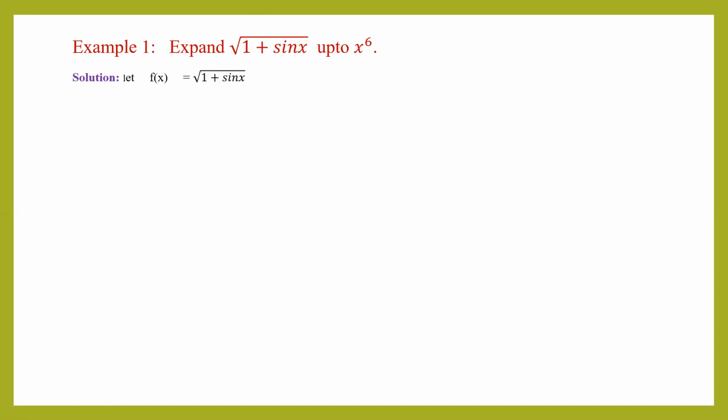Now just imagine, if we have to apply Maclaurin's theorem to find this expansion, then to get the expansion up to x raised to 6, we have to differentiate it 6 times. Yes, we have to differentiate it 6 times, and to differentiate such a complicated term 6 times is not an easy task.